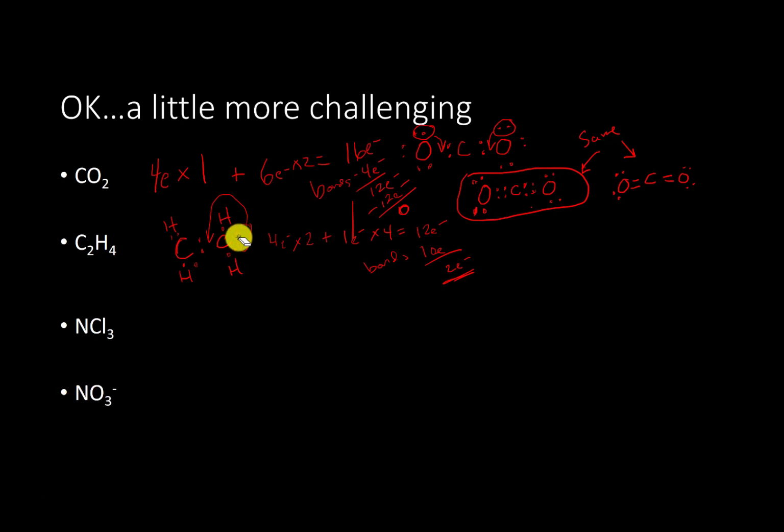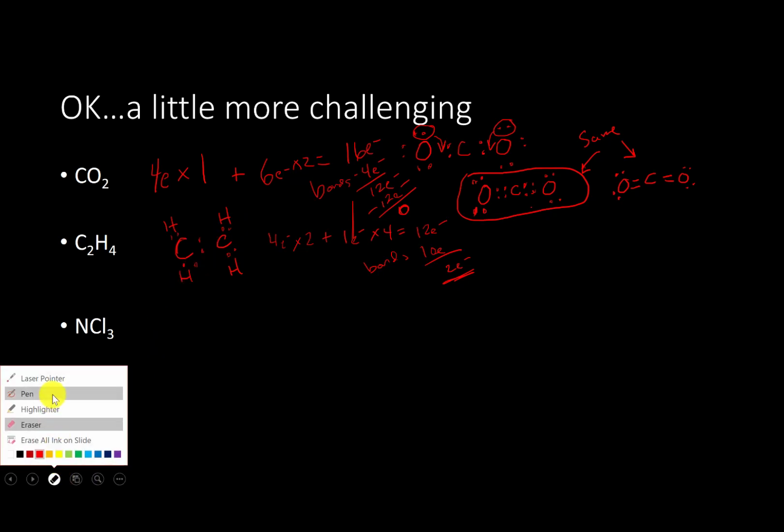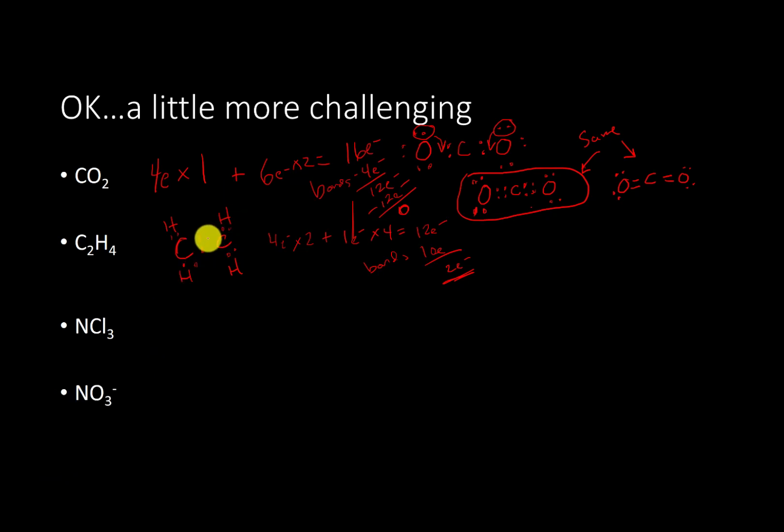So what we're going to do is take these 2 electrons here, and we are going to stick them in the middle here, and we are going to form a carbon bonded to a carbon with a double bond, and then the hydrogens are around the outside. That is our result, because if you go around, you'll notice that every one of our atoms has a full valence shell.